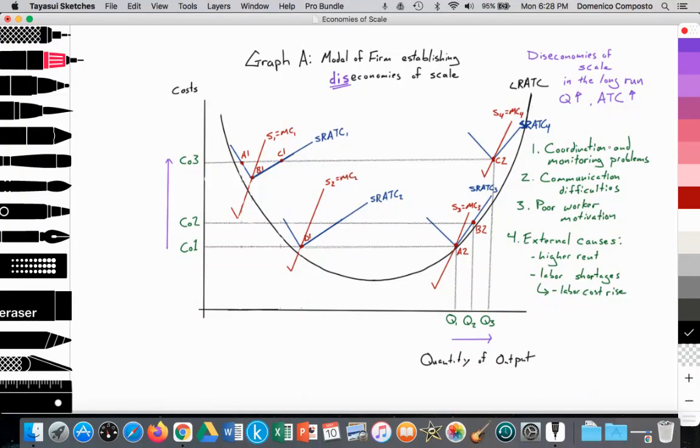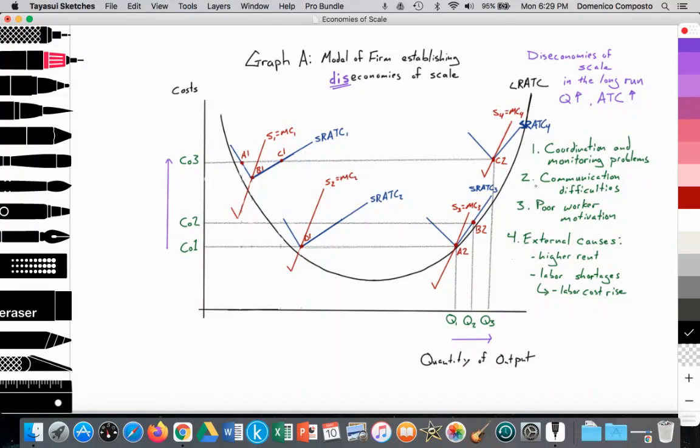And as a result, perhaps units of labor, workers, notice that, and they can get away with degrees of productive inefficiencies, not working when perhaps they should be, because management is not able to keep a close eye, monitor, or coordinate their efforts among several locations, and so on. So that results in growing inefficiencies caused by ATC increasing as the firm is expanding.